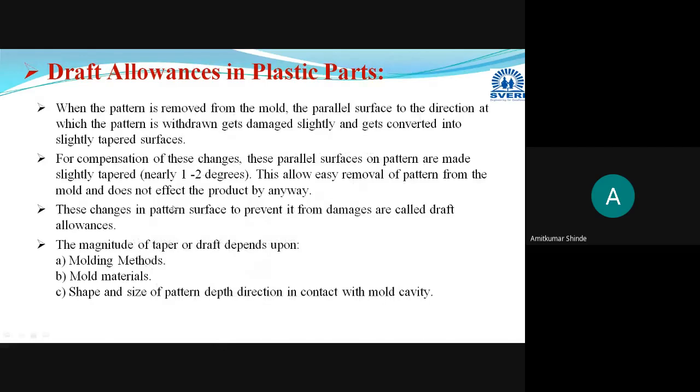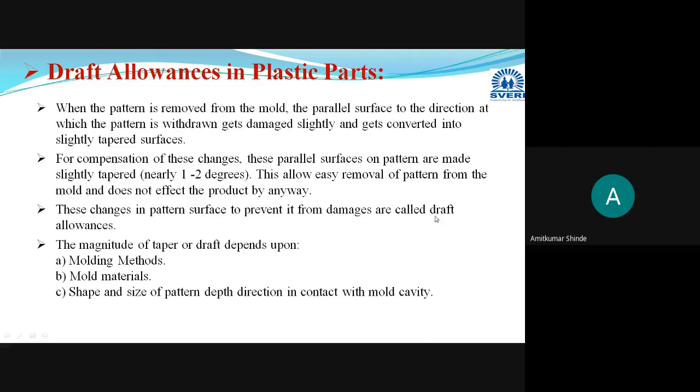And now generally in these plastic parts, 0.5 degree to 3 degrees is used. Here they have mentioned 1 to 2, but generally for some plastic parts, 0.5 degree draft is used. Sometimes you can go up to 3 degrees.